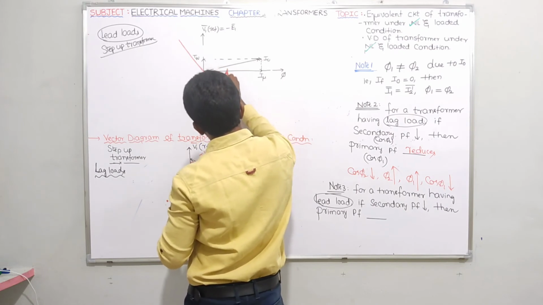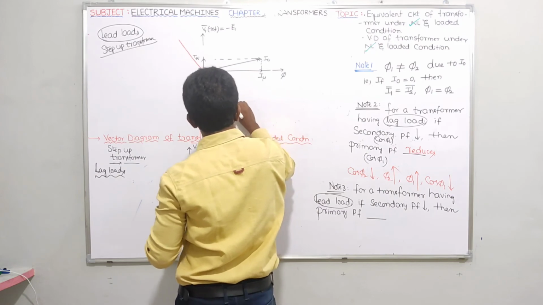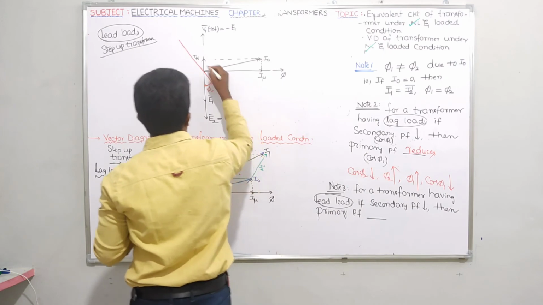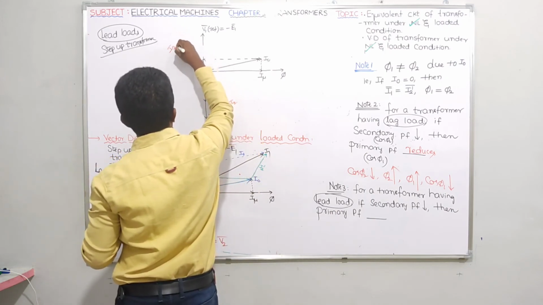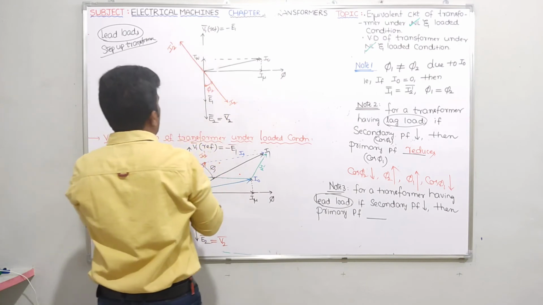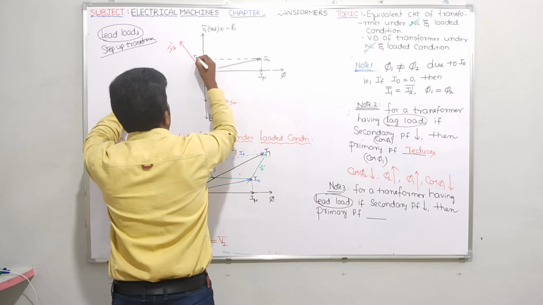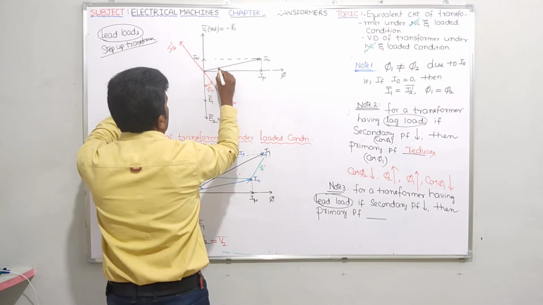I2 leads V2 by how much angle I said? Pi by 2. If I refer this I2 toward this side, it becomes I2 dash. So just remember I2 and I2 dash should be 180 degrees apart. You should know that, because I am just referring, therefore you should maintain 180 degrees.